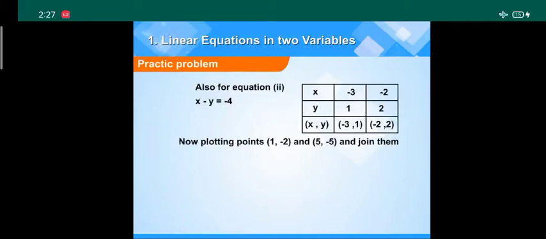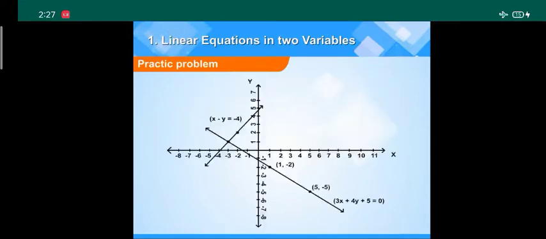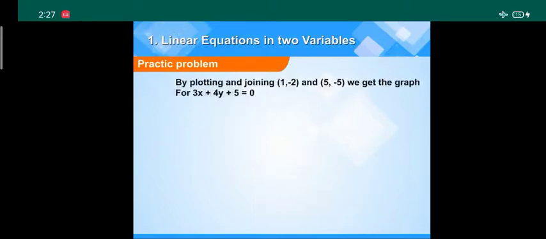Now, plot the points 1, -2 and 5, -5, and join them. By plotting and joining points 1, -2 and 5, -5, we get the graph for 3x plus 4y plus 5 is equal to 0.